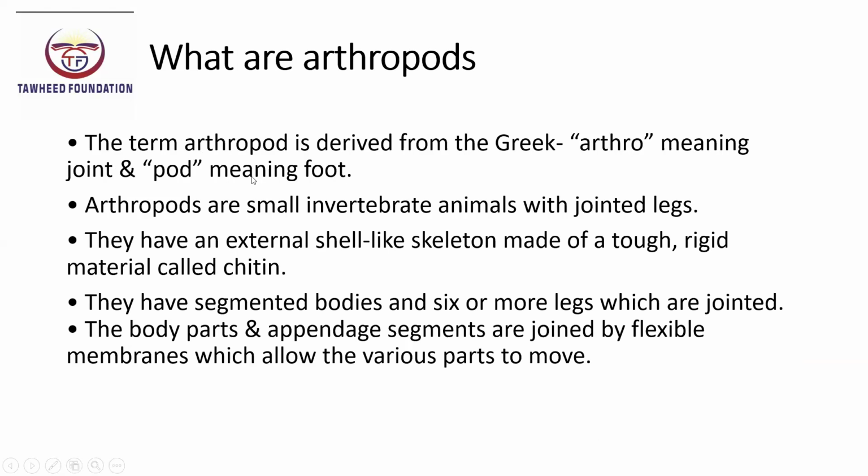So arthropods are small invertebrates characterized by segmented bodies with jointed legs and a hard outer skeleton made of chitin. The flexible membranes between joints allow for mobility. Despite their small size, they are the most abundant and diverse life forms, adapted morphologically, physiologically, and behaviorally to various environments, making them ecologically significant.